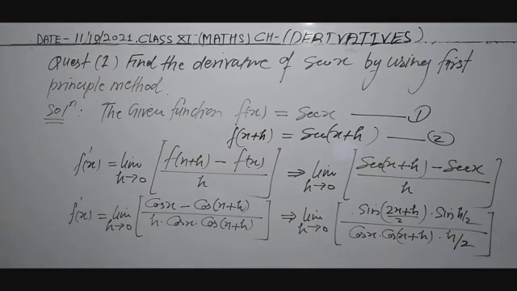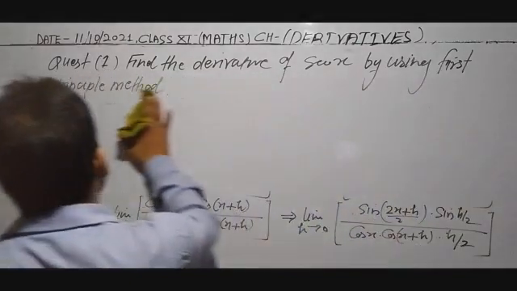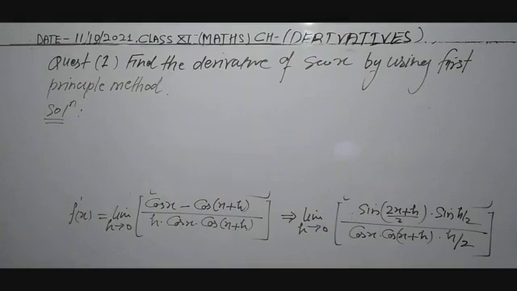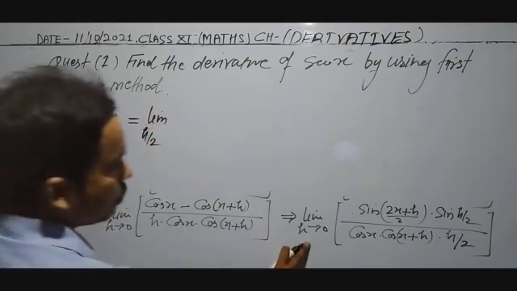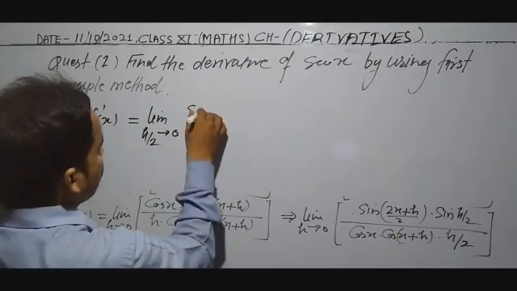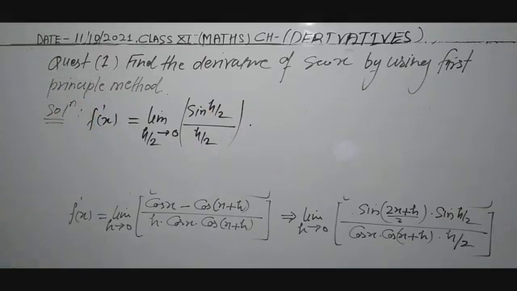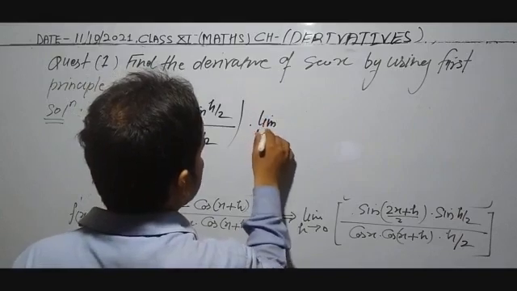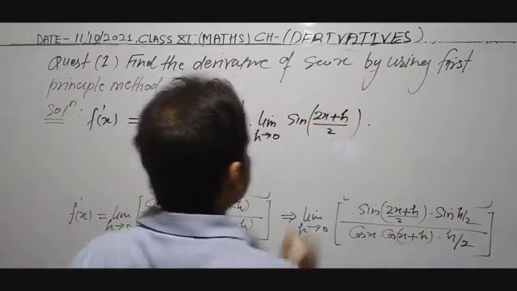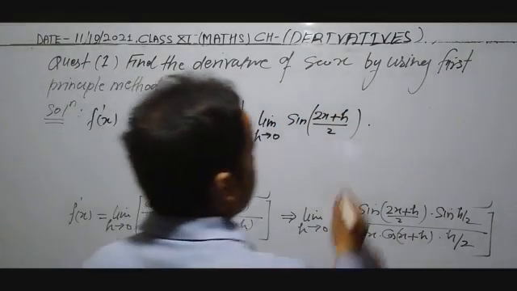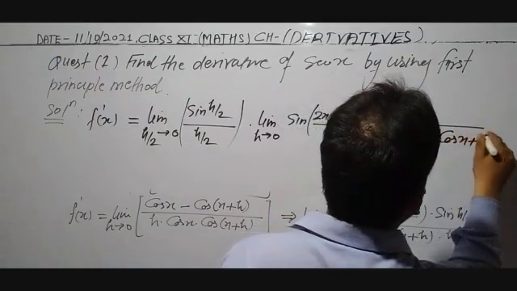Now see, limit h by 2 tends to 0, sine of h by 2 whole upon h by 2, into limit h tends to 0, sine of (2x plus h) by 2, into limit h tends to 0, 1 upon cos x into cos of x plus h.